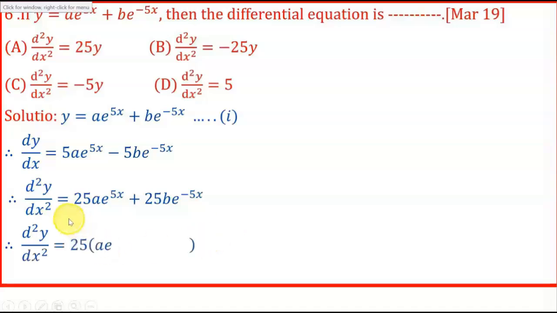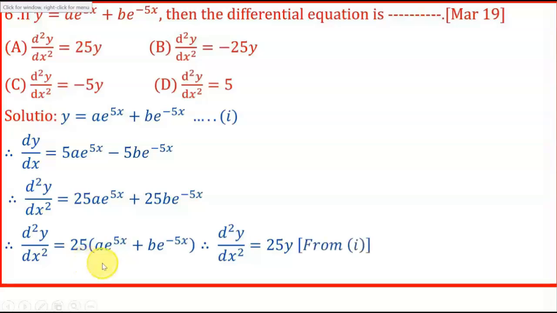Hence here d2y by dx square, we can take 25 as common: in bracket, a into e raised to 5x plus b into e raised to minus 5x. And this is nothing but y. Therefore d2y by dx square is equal to 25y. Hence option A is correct here.